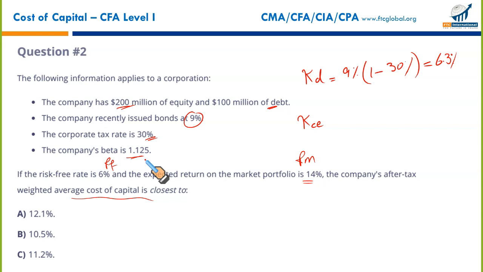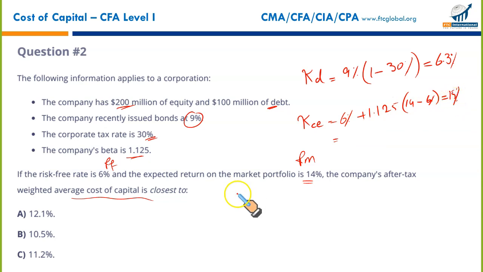So the risk-free rate is 6% plus beta, that is 1.125, times the return on the market, that is 14%, minus the risk-free rate, given as 6%. Solving this gives you the cost of equity: 1.125 times the difference between 14 and 6, and to this add 6, gives you a total of 15%. So your cost of common equity is 15%.